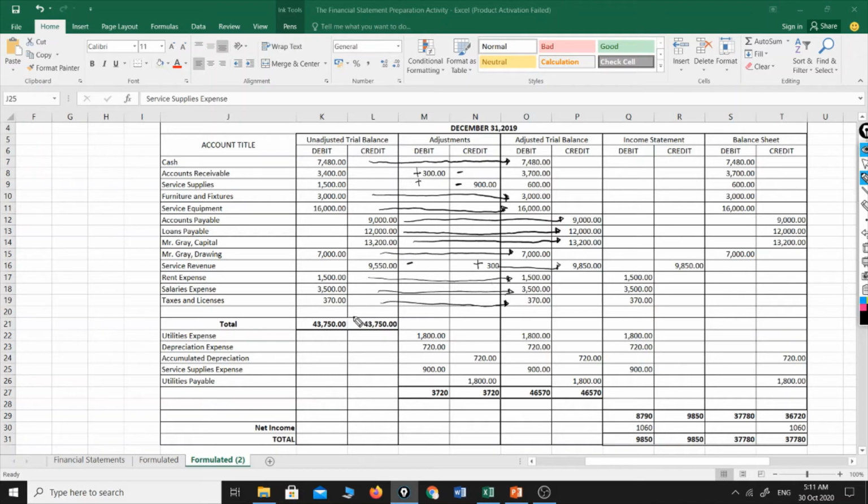Okay, next, of course, don't forget the additional account titles to extend also to our adjusted trial balance section. So we have utilities expense, debited, so we just extend it to the debit column. And also depreciation expense, it is also debited.